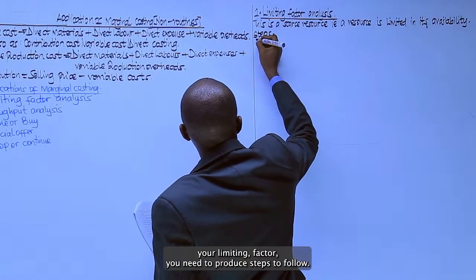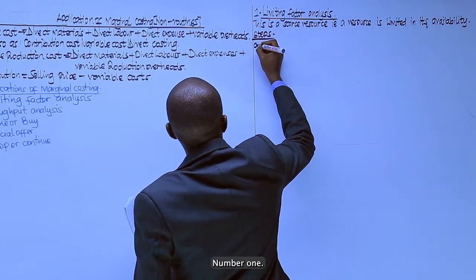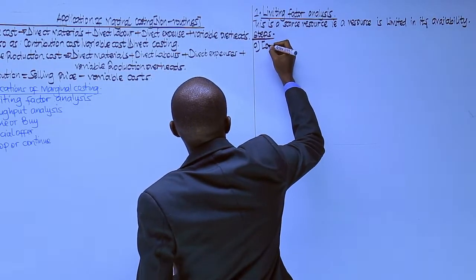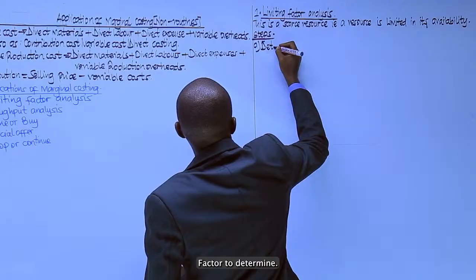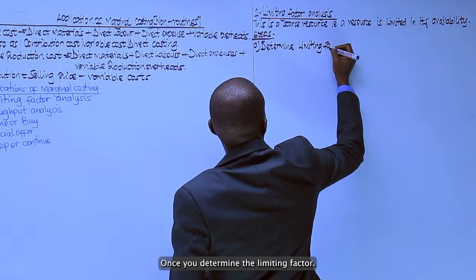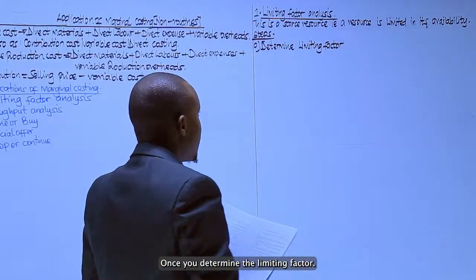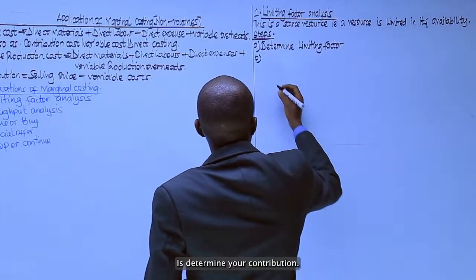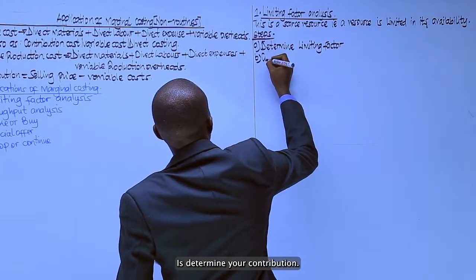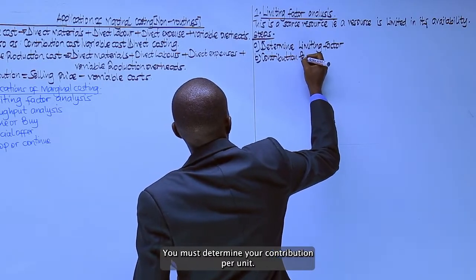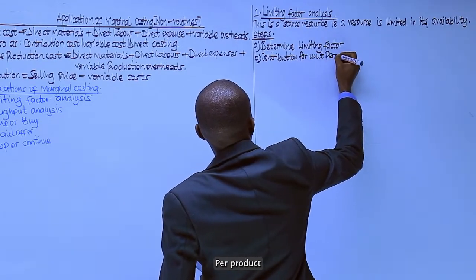Now, for us to be able to deal with a question on limiting factor, or to identify the product that will maximize the contribution per limiting factor, we must always start by identifying the limiting factor. So the steps to follow: Number 1, start by identifying your limiting factor. Once you've determined the limiting factor, the second step is to determine your contribution per unit, per product.